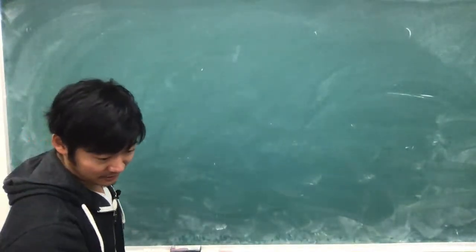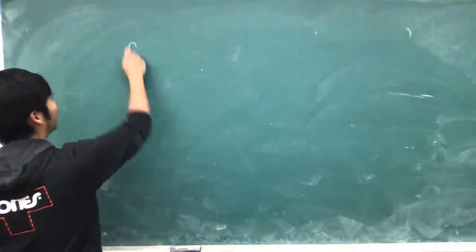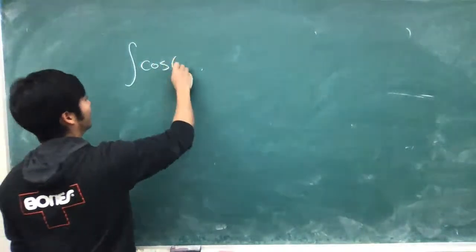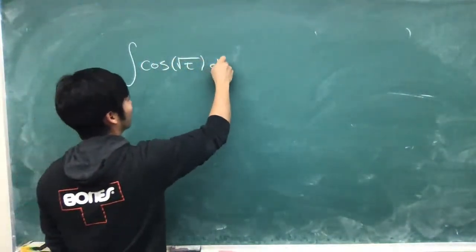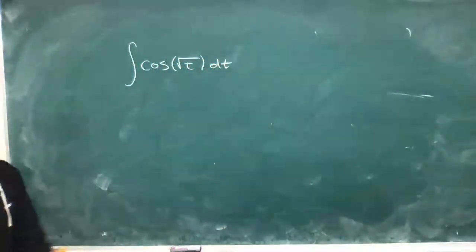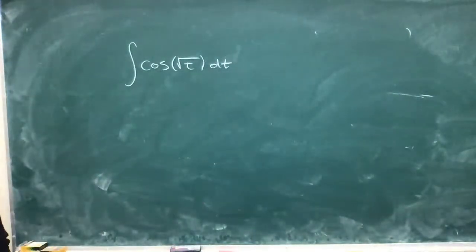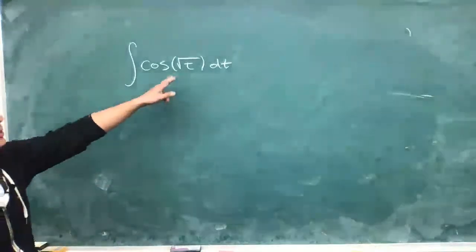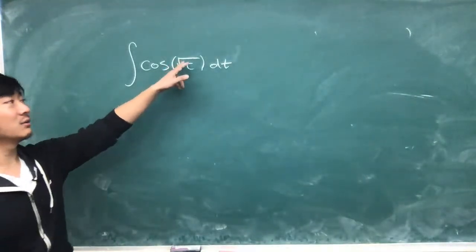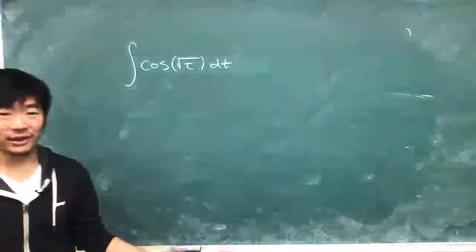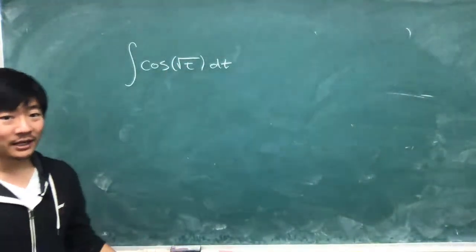All right, so the next one is this thing. This thing, again, is not too bad, because you can either let t equal to something squared to get rid of the square root, or you can just let the whole thing be u, and you get the same exact answer.